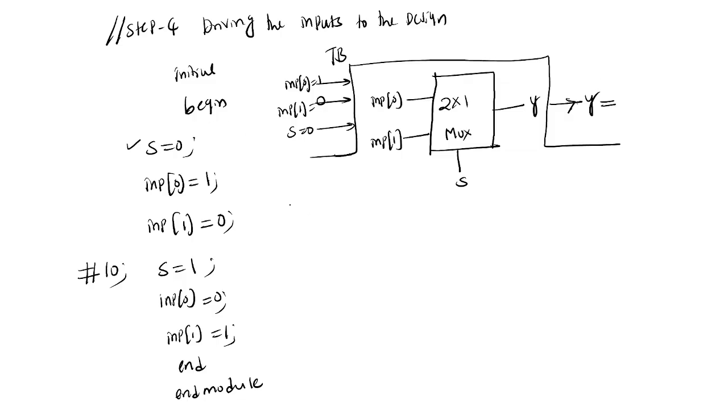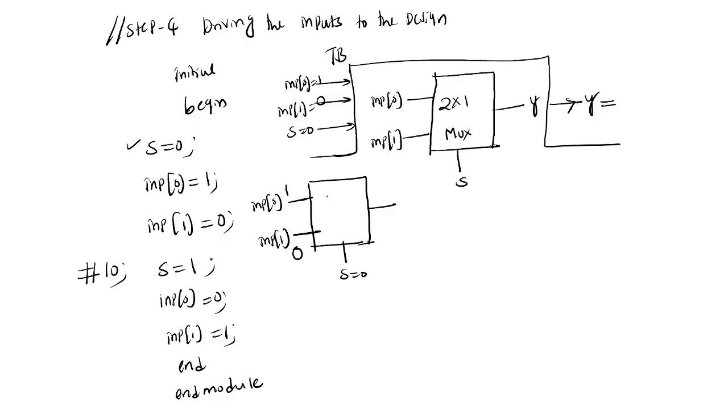Depending on this requirement, I make s equal to 0. S equal to 0 means which is connected? INP 0 is connected or INP 1 is connected? INP 0.